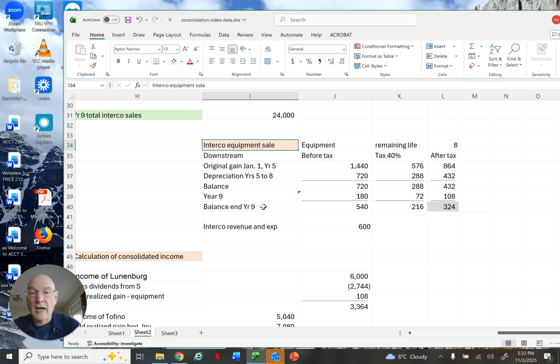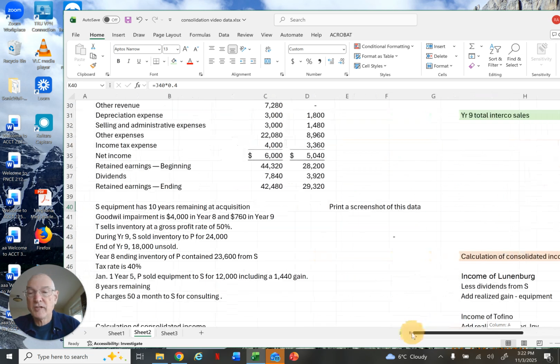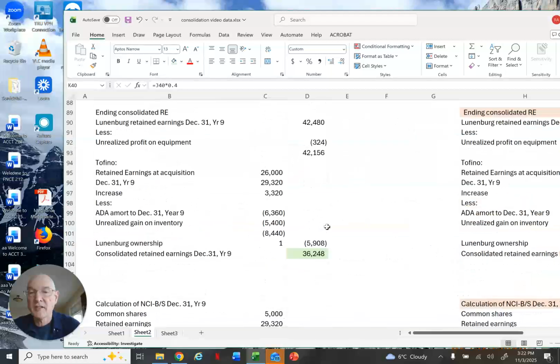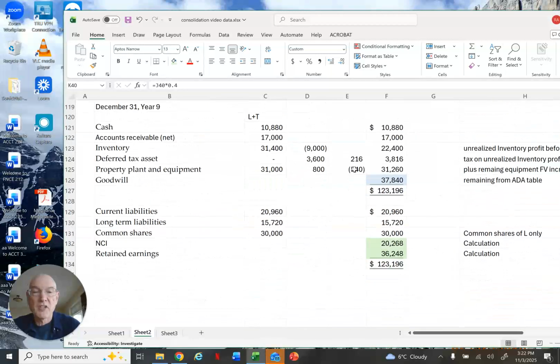Notice that the balance at the end of year 9 is 540 still unrealized, and that is 216 worth of tax. So our deferred tax asset is still 216 for that unrealized equipment profit. As we take that profit every year, our deferred tax asset is going to go down.